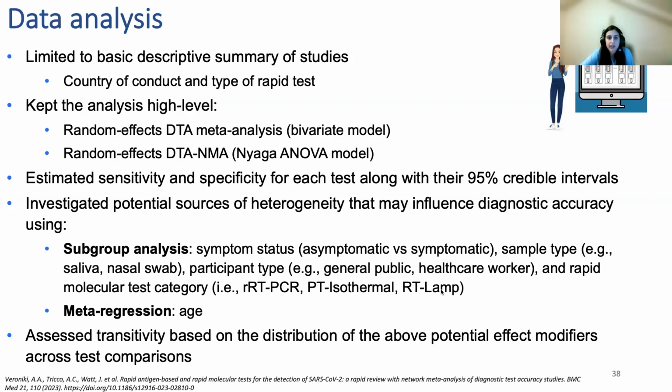And we investigated heterogeneity visually by inspecting the forest plots. We also performed subgroup analysis and meta-regression analysis to investigate how predefined potential effect modifiers may influence the DTA results. And we also assessed the transitivity based on the distribution of the above-mentioned effect modifiers across all the test comparisons.